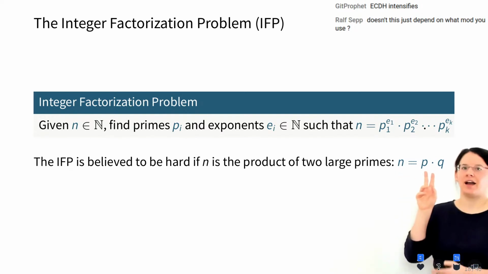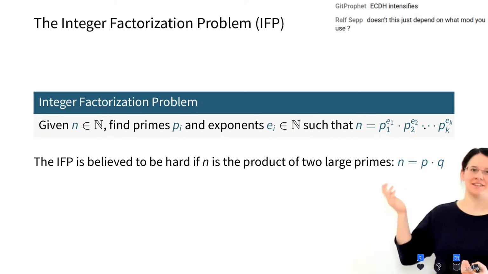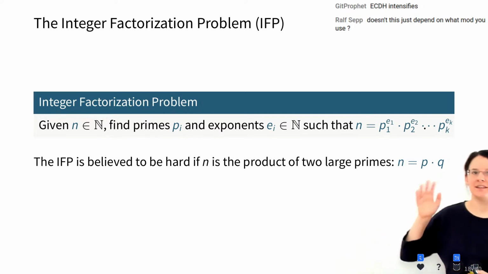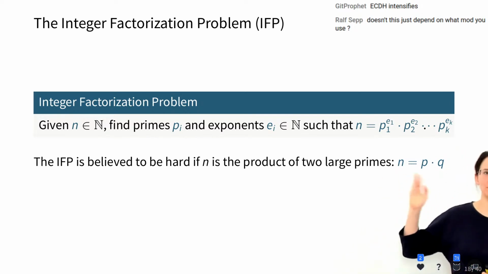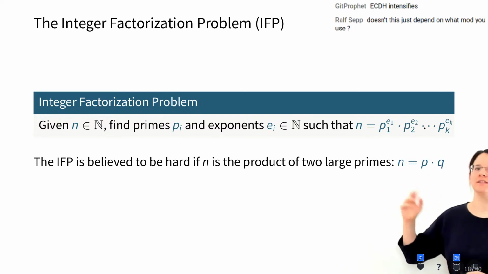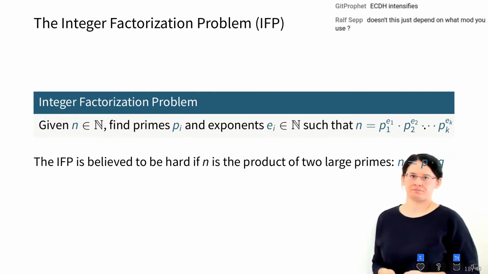For example, half of all huge numbers are divisible by 2. So for half of all very large numbers, finding a factorization is as easy as dividing it by 2. That's not very hard. But for the case where I have a large number, which is the product of two prime numbers, which are also both very large, then finding this P and Q is actually believed to be hard.